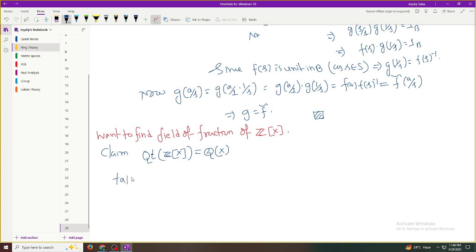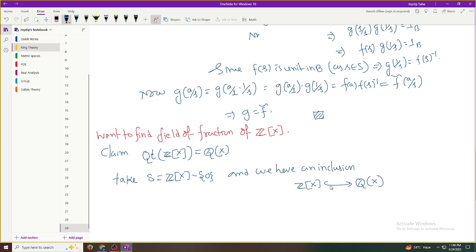Take S equals Z[x] minus {0}, and we have an inclusion Z[x] into Q[x]. Sorry, yes, Q[x].